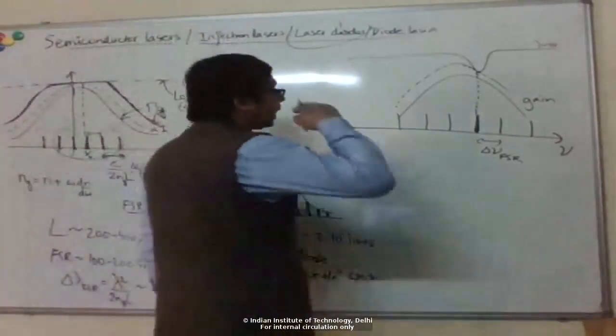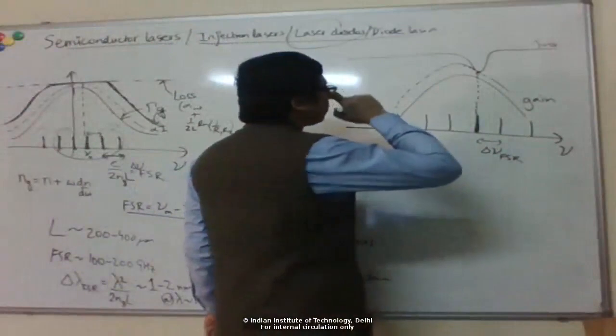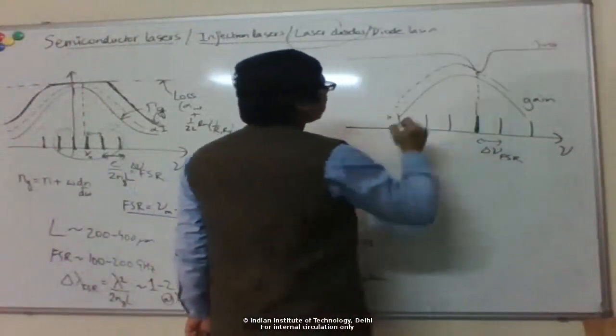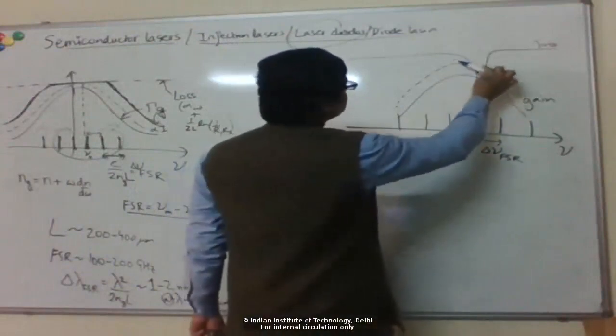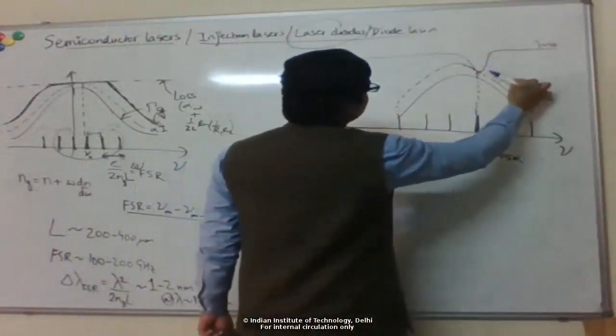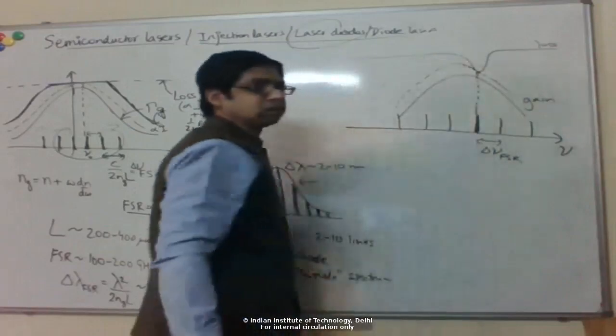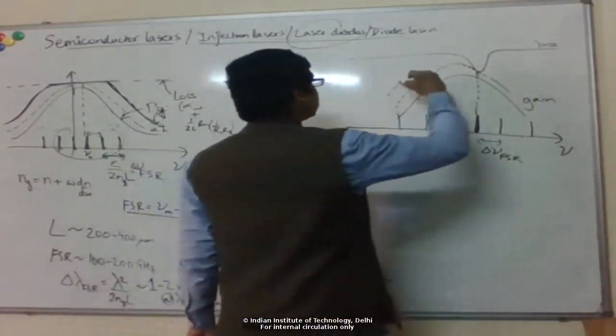Now if I increase the current further, because of this loss profile, there is still some room at other frequencies and wavelengths, some gap between the gain and loss. So I could increase my current further.